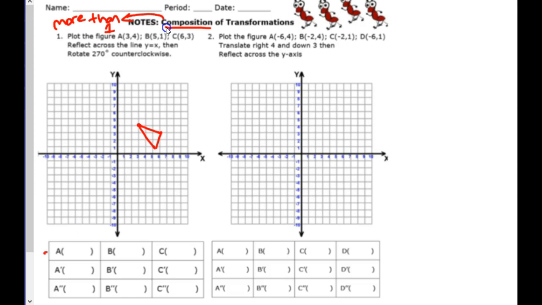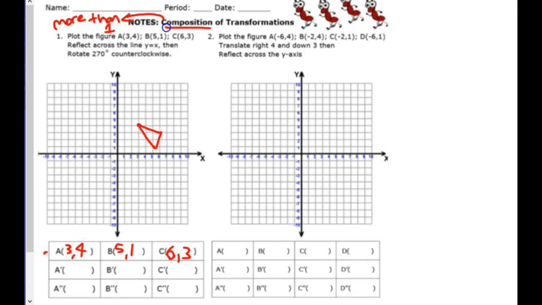So go ahead and write down A, B, and C, or just copy it down from the instructions. So let's do that. 3, 4, letter A. B is 5, 1. C is 6, 3.